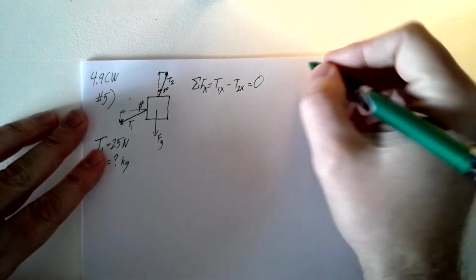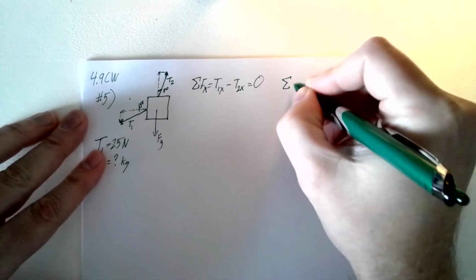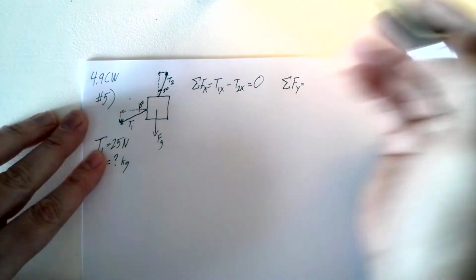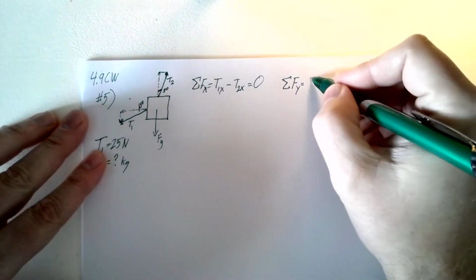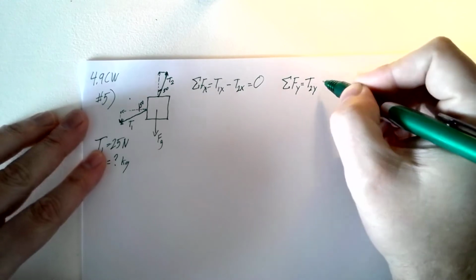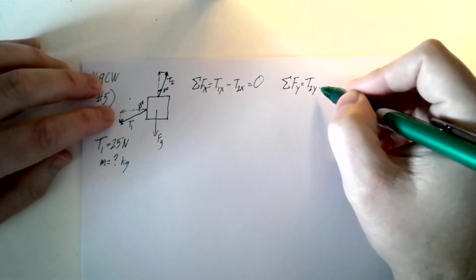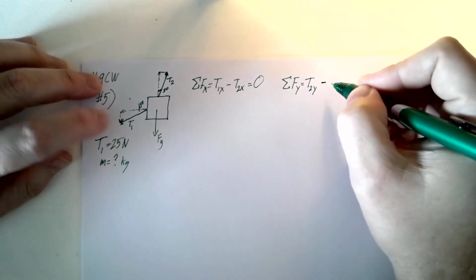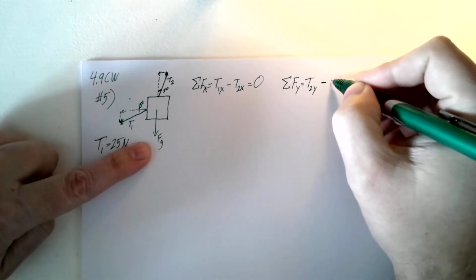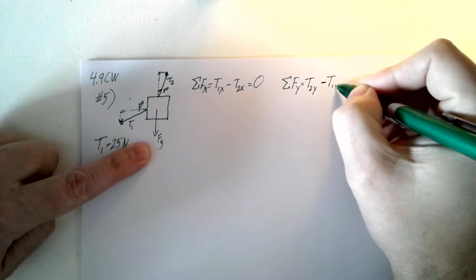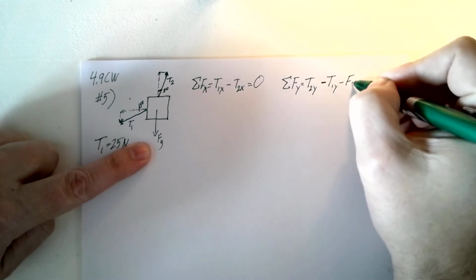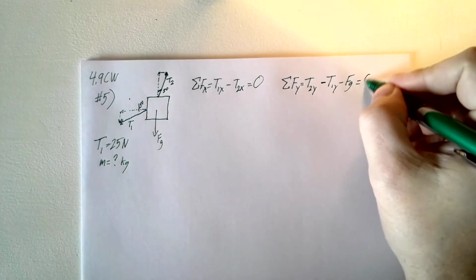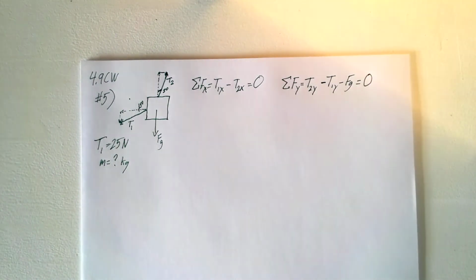And in the Y, we have T2 acting up. We have this Y component of T1 acting in the same direction as FG, so minus, then minus FG. This is all in equilibrium, so equals 0.